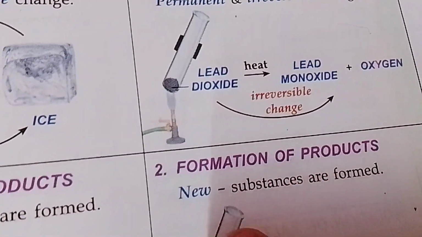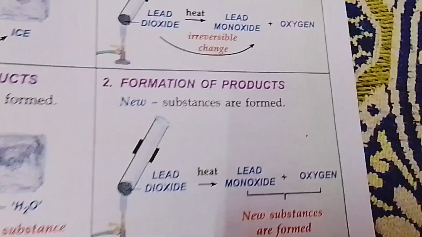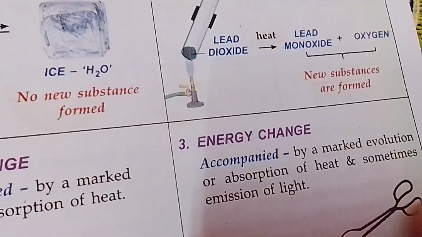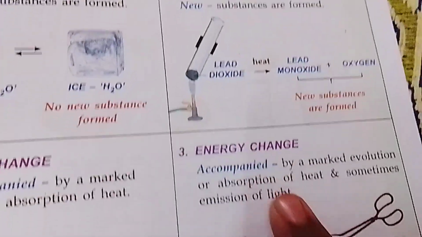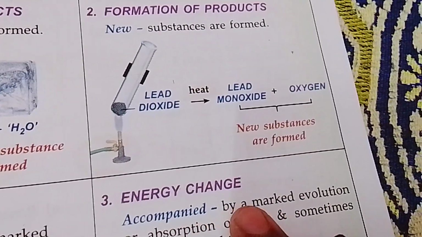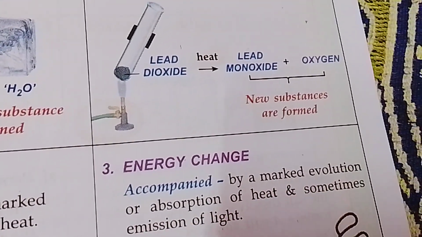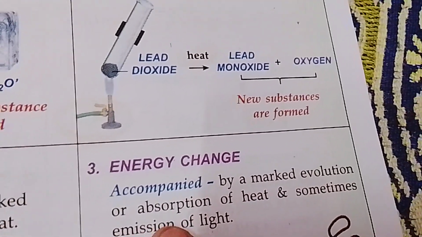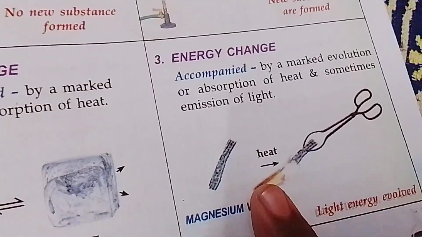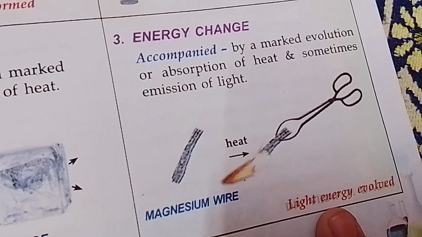Formation of product: new substances are formed. Lead dioxide, heat, lead monoxide plus oxygen. New substances are formed. Energy change. Accompanied by a marked evolution or absorption of heat, and sometimes emission of light. Heat, magnesium burning, light energy involved.